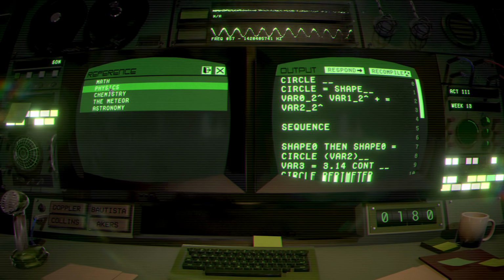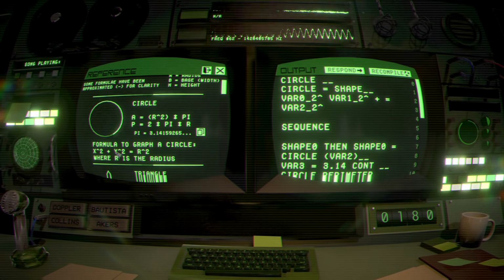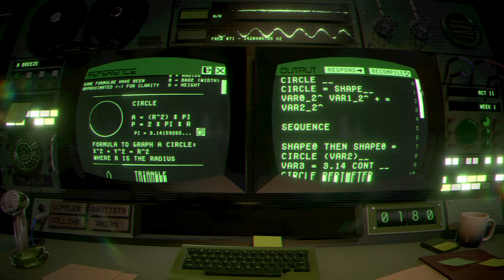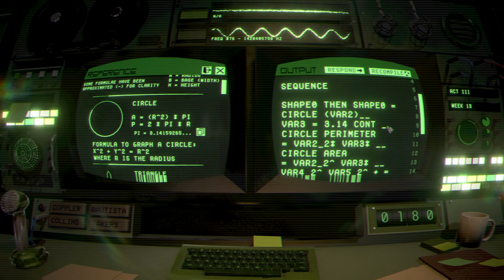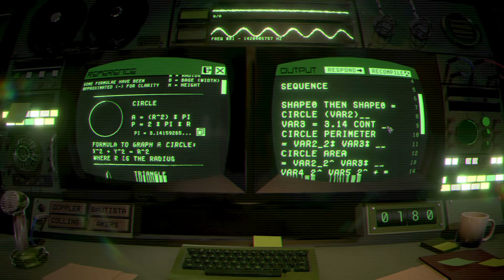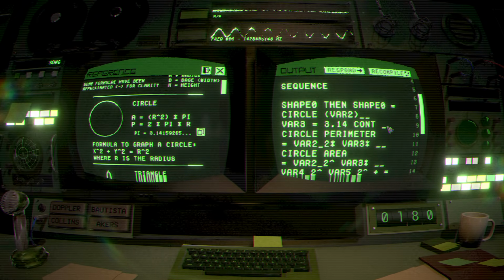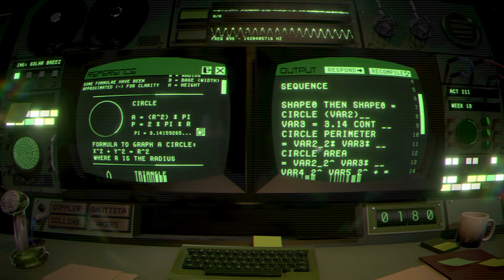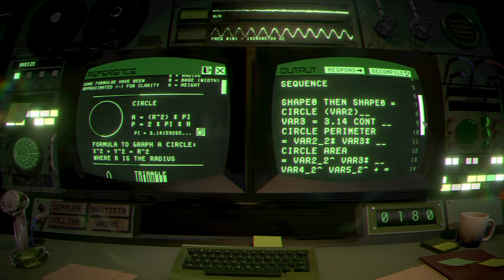I'm trying to remember now, 2D geometry. Oh, this is a formula to graph a circle. Okay, perfect. And then sequence. I wonder why they say sequence here. Is that just breaking down the different mathematical equations we can do with the circle?